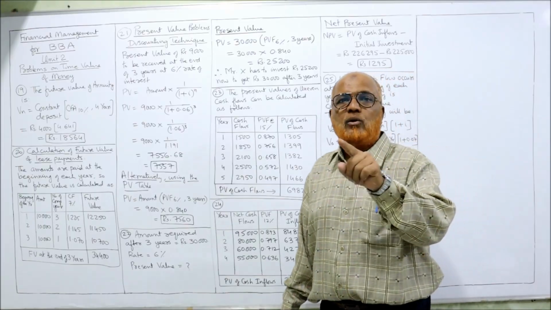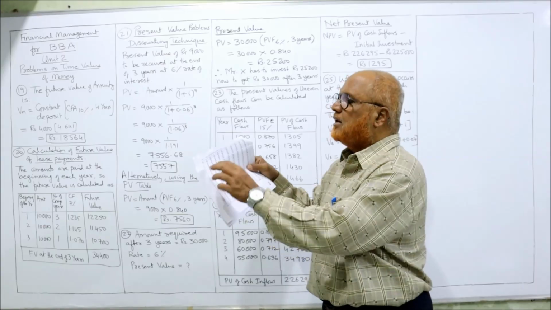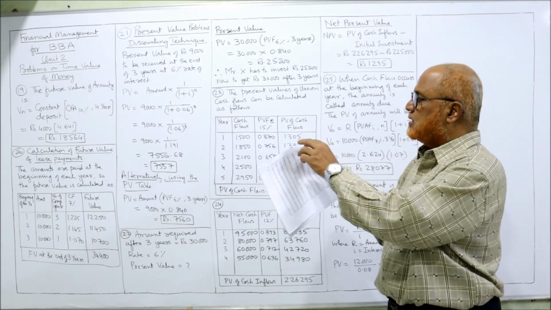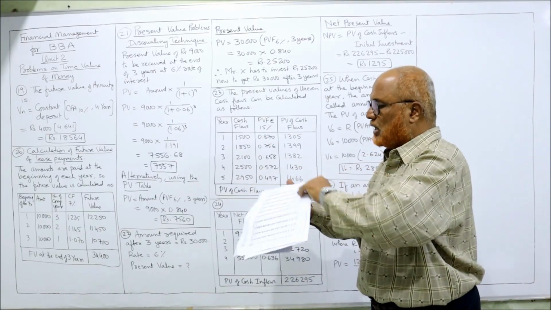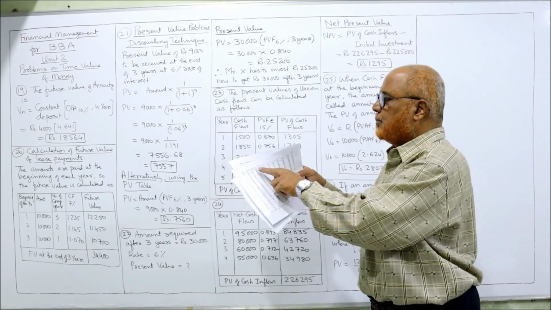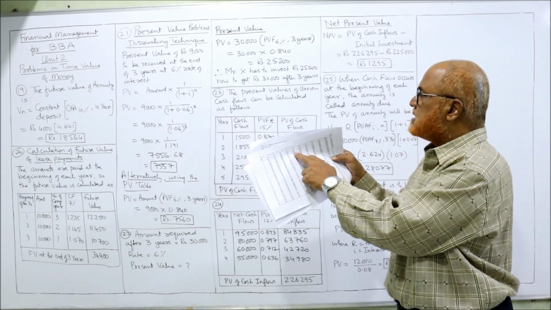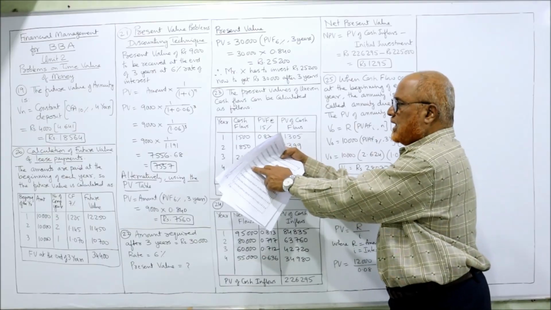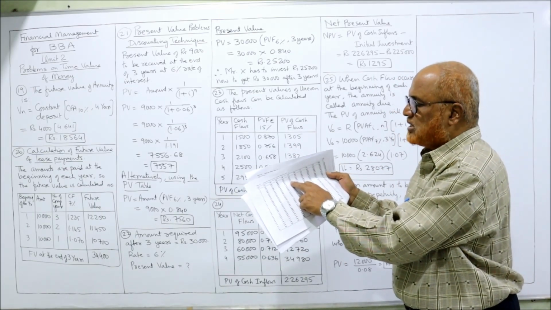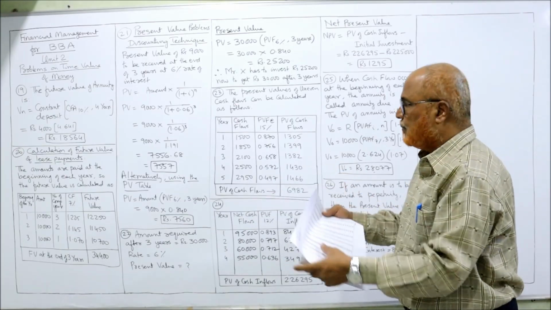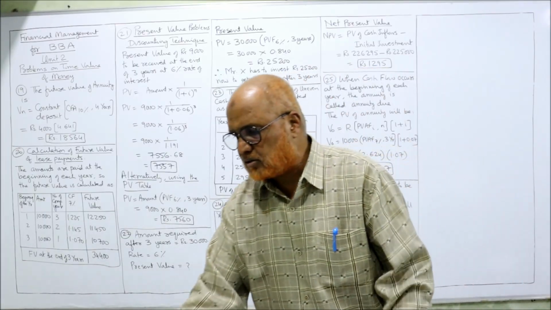Here you can see present value factors at 15%. Up to 10% is given here. On the next page you can find 15%. Present value factors at 15%: 0.870, 0.756, 0.658, 0.572, 0.497. So I have taken the present value factors.